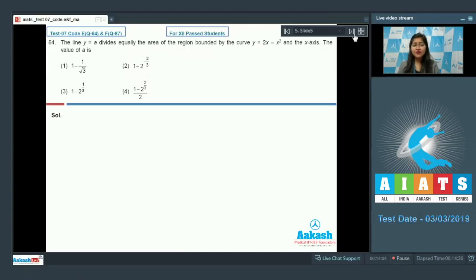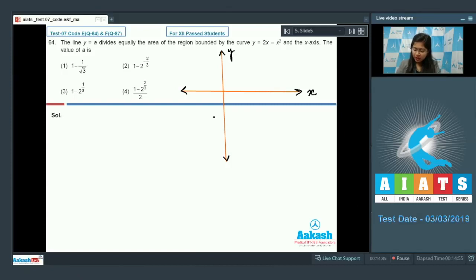Next is question number 64, which says that the line y equal to a divides equally the area of the region bounded by the curve y equal to 2x minus x square and the x-axis. Then the value of a is... Let us try to make the graph of the given function. Let us say this is the x-axis and this is the y-axis.